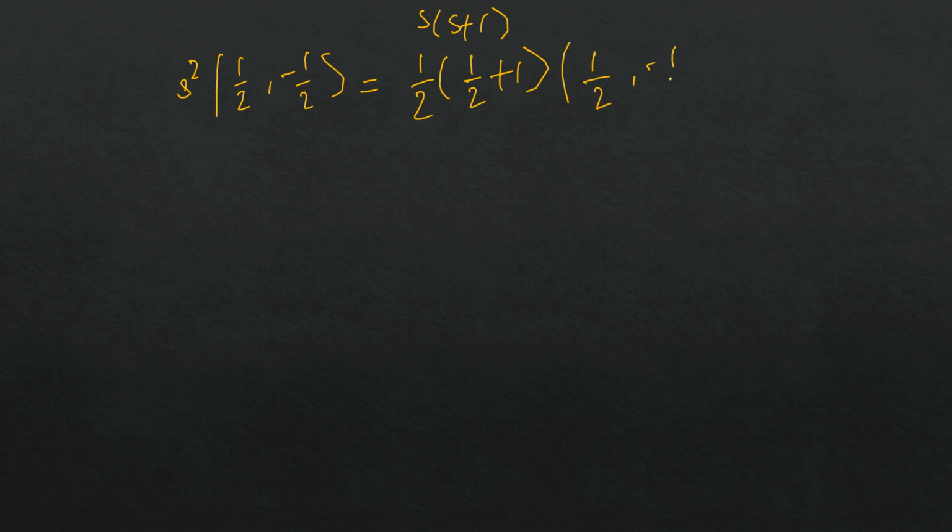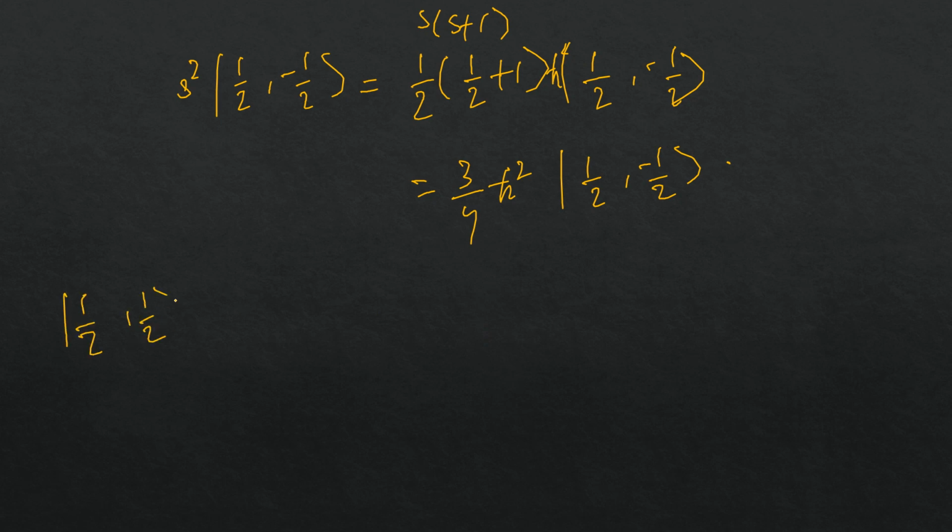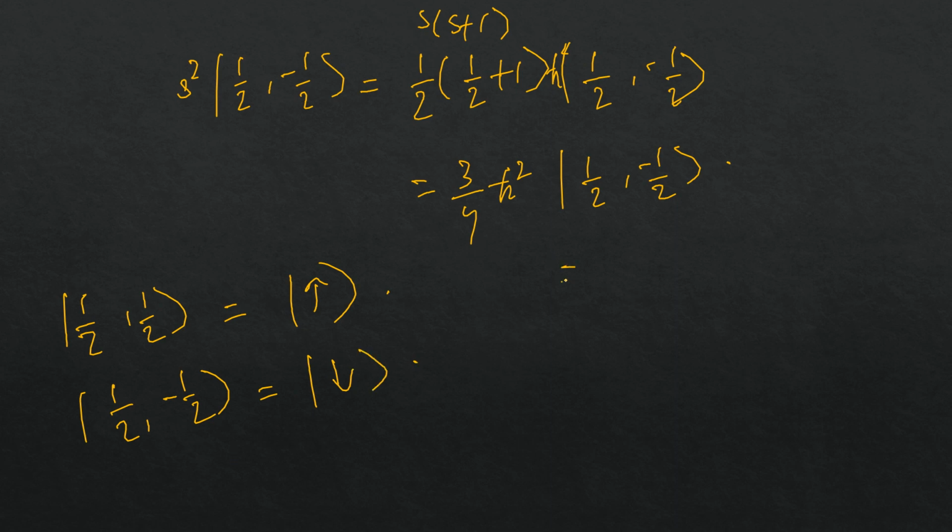So for |1/2, -1/2> the eigenvalue will remain the same, 3 by 4 h cut square |1/2, -1/2>. Now this |1/2, 1/2> we write as spin up, and |1/2, -1/2> is spin down. So I can write it like this also, 3 by 4 h cut square. No problem.